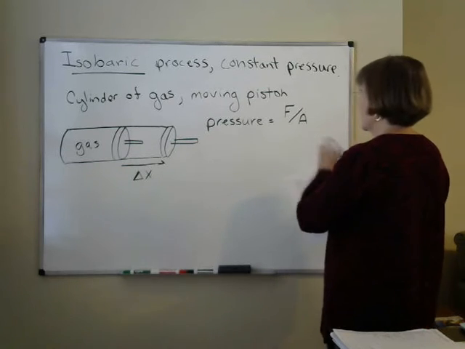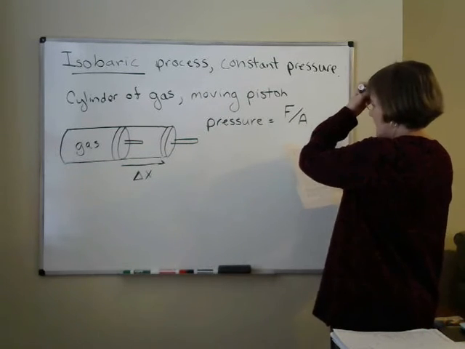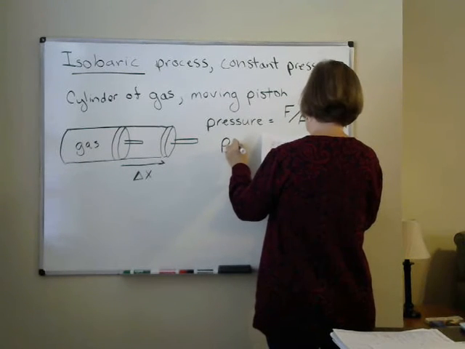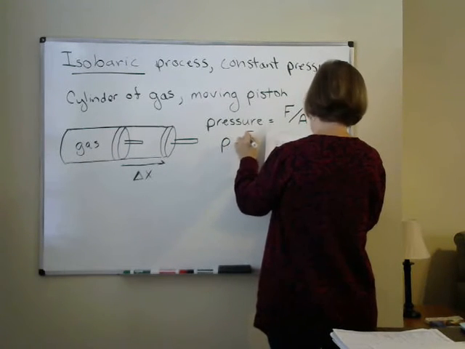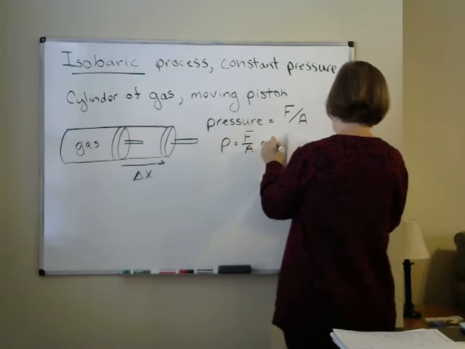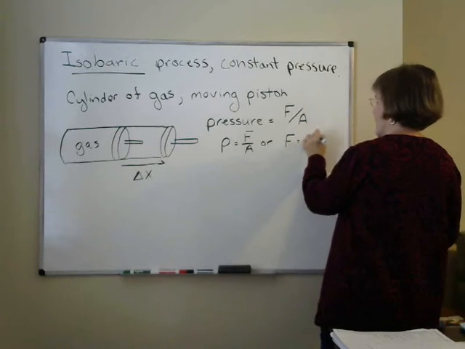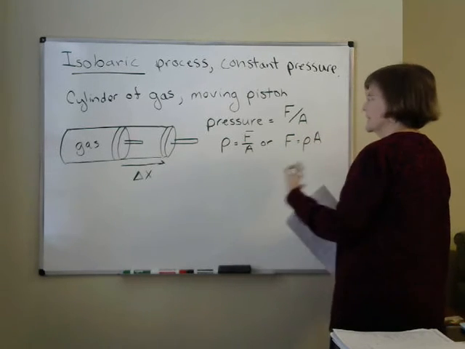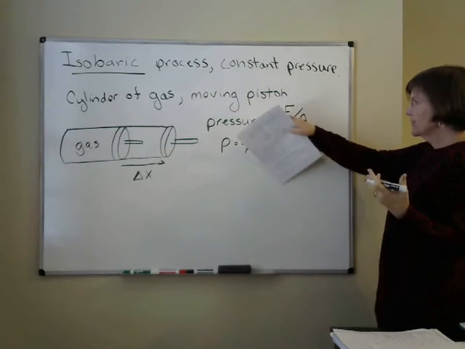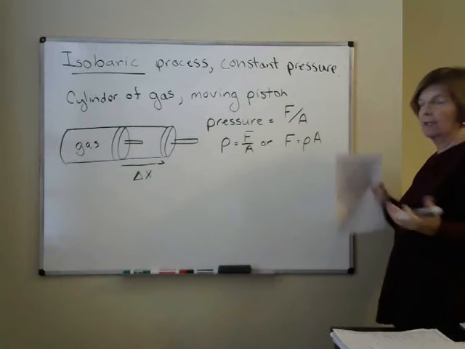If we think about this and we rearrange this, we can see that pressure equals F over A, or F is equal to the pressure times A. Okay, so I'm going to come back to that in just 1 minute. I can solve pressure equals force over area, force equals pressure times area.